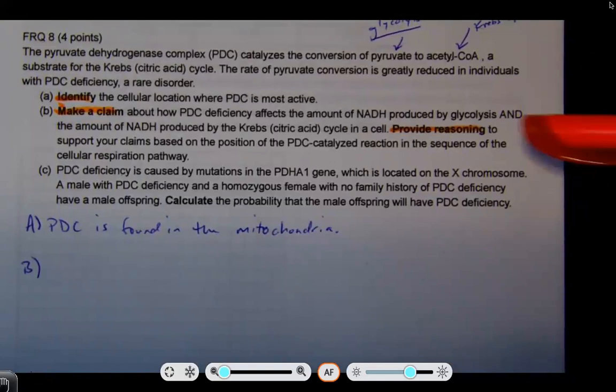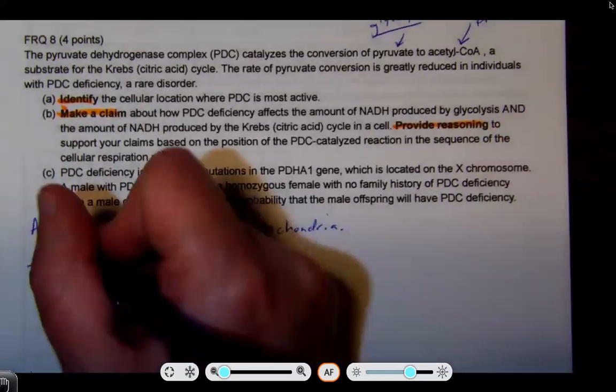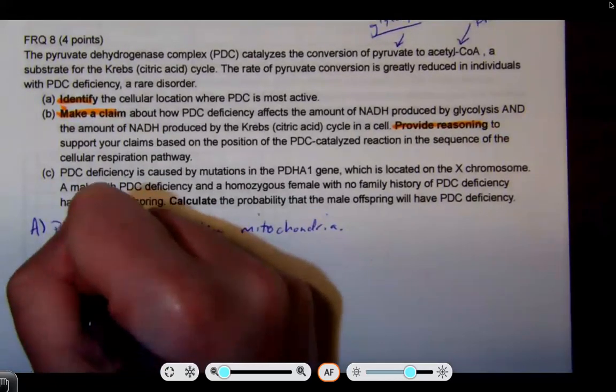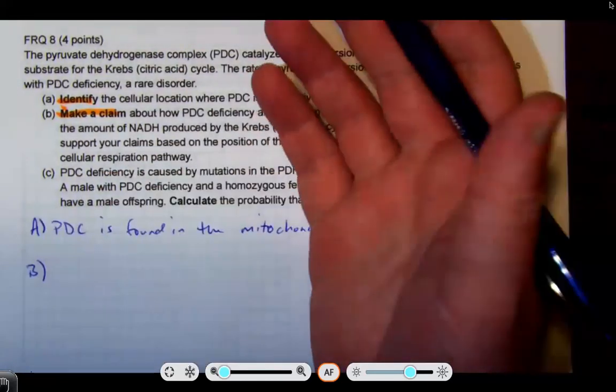If you have a nice cheat sheet that shows you what goes into and out of each step, you'll notice that PDC isn't going to affect NADH at all from glycolysis. So you would expect to find the same amount of NADH coming out of glycolysis because PDC is not needed.